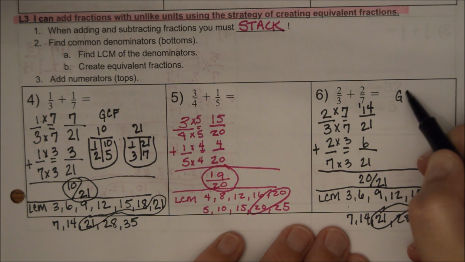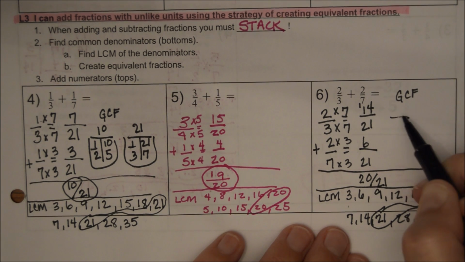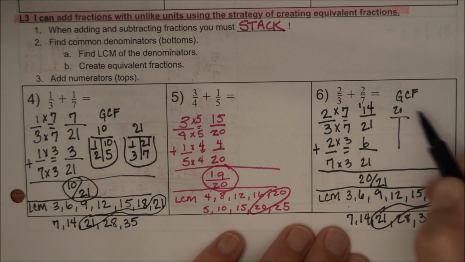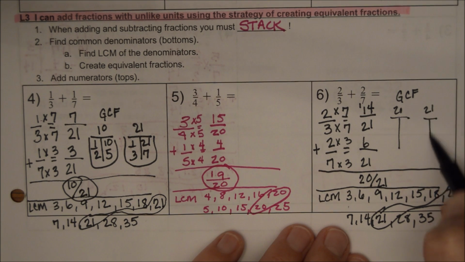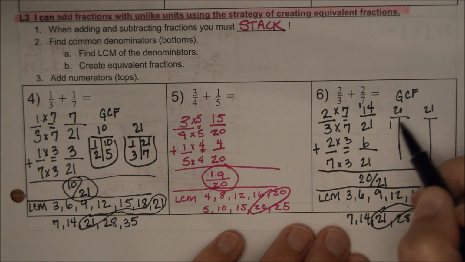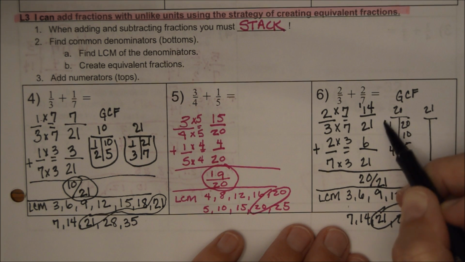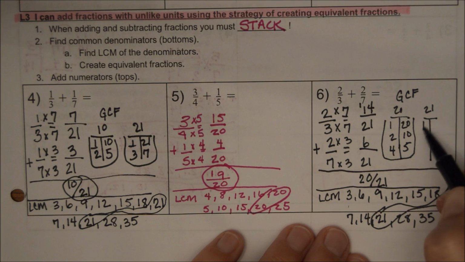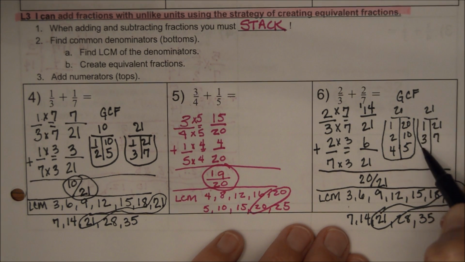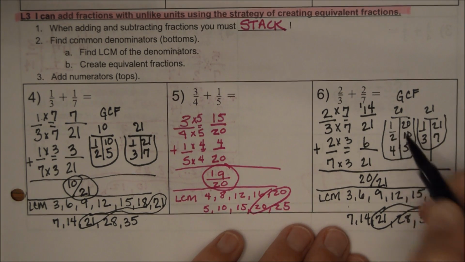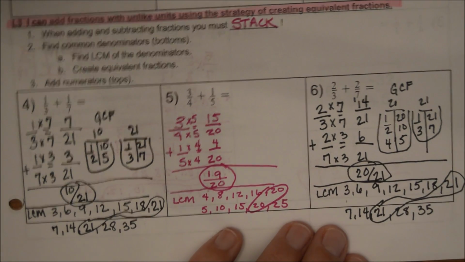And if you were to check by doing the GCF, you would have 20 and 21: 1 and 20, 2 and 10, 3 no, 4 and 5, and that's it. 1 and 21, 2 no, 3 and 7, and that's it. And the only thing they share is 1, so it is simplified.